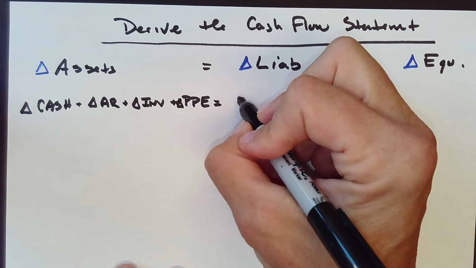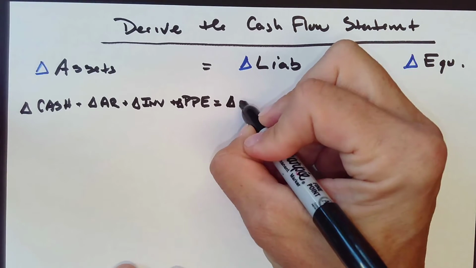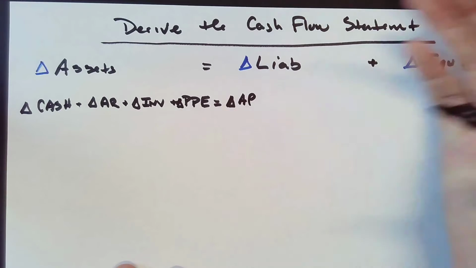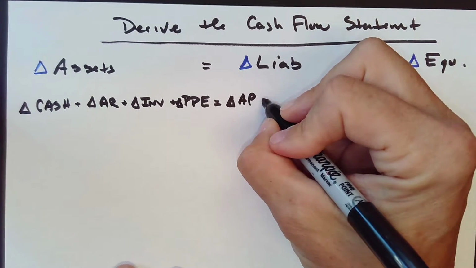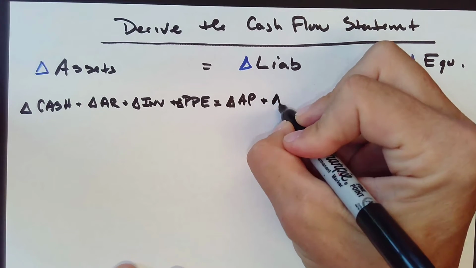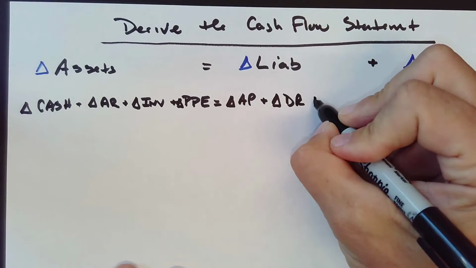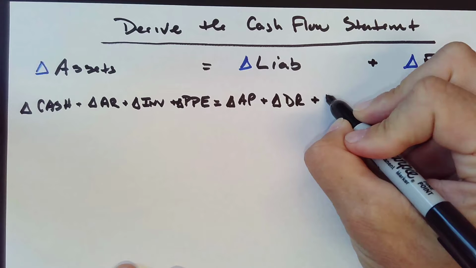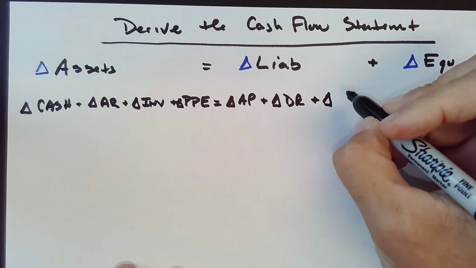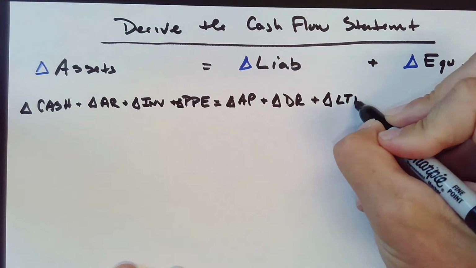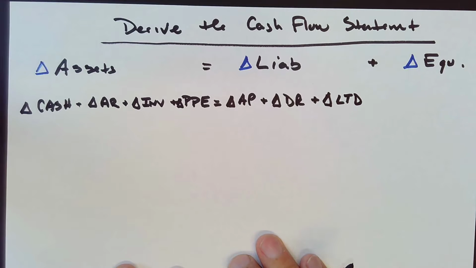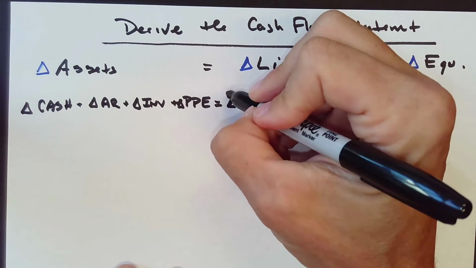So we're going to have change in accounts payable or any of the payables plus change in deferred revenue plus change in, say, long-term debt. Simple, right? So these are my changes.